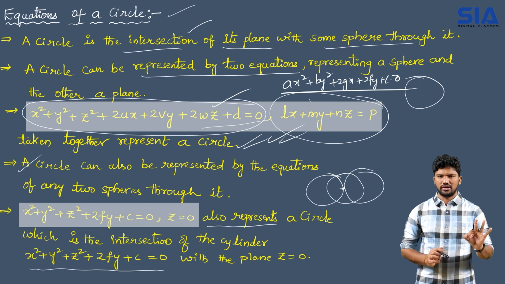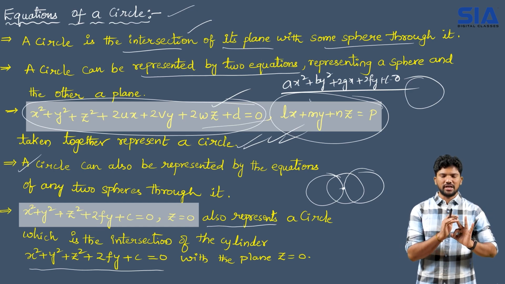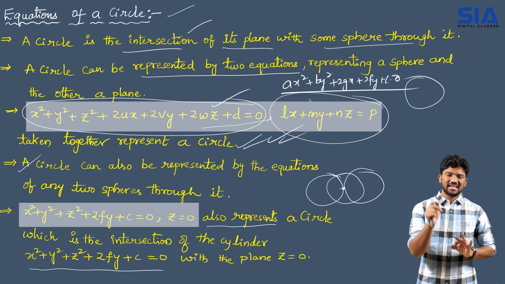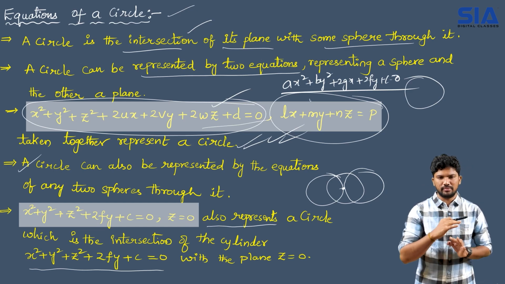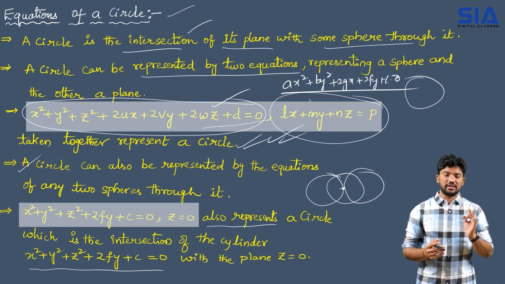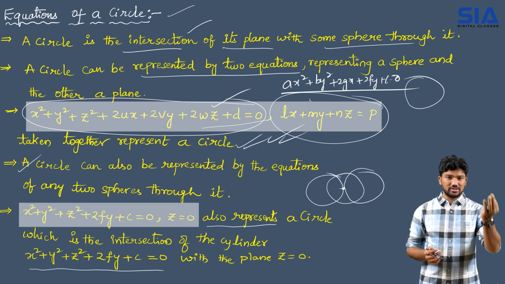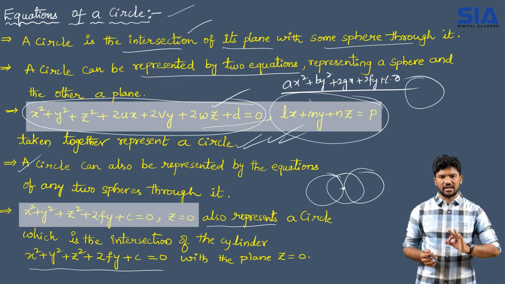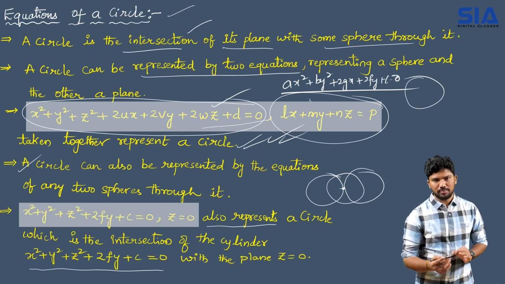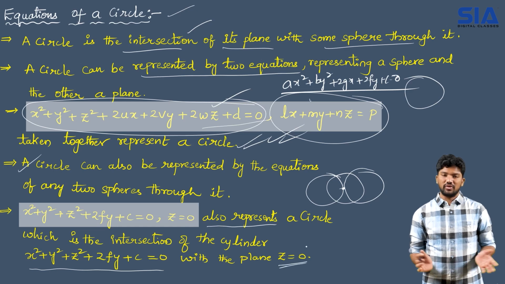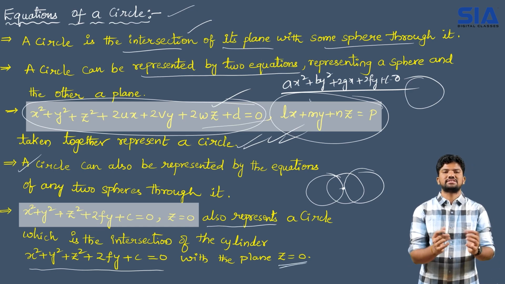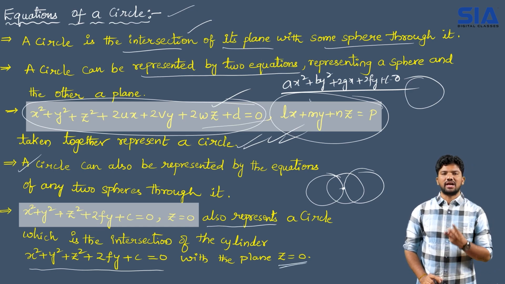First type is a sphere and a plane. Second type is two spheres, at their intersection, if any circle passes through it. And third is a cylinder. Cylinder is in the third unit. With the help of the cylinder equation and one more plane z is equal to 0, we can form one more circle. So totally we have three forms of circle in this chapter.